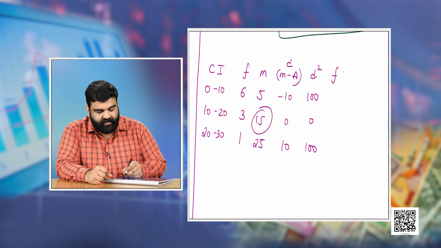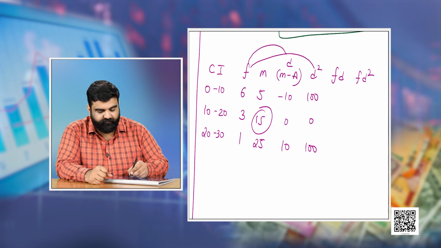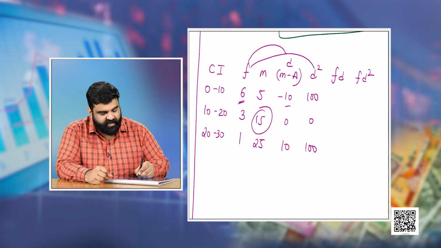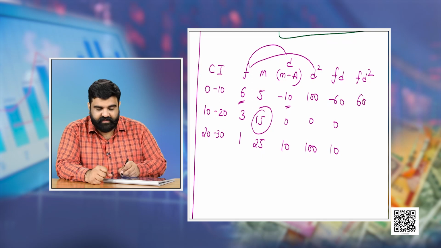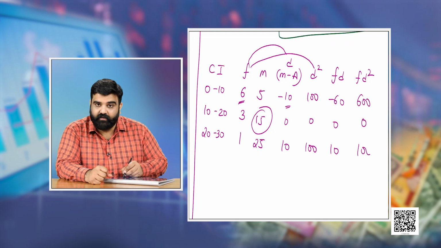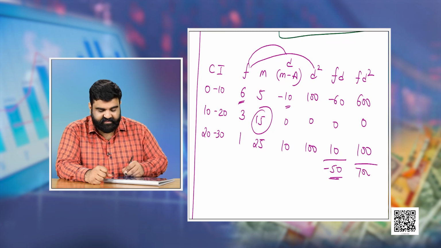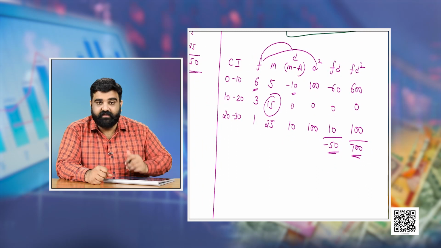Now let us calculate fd and fd square. So let us multiply f with d and then f with d square. So we have minus 60, 0 and 10, and then we have 600, 0 and 100. So this will be minus 50 and this will be 700. Let us apply the formula.